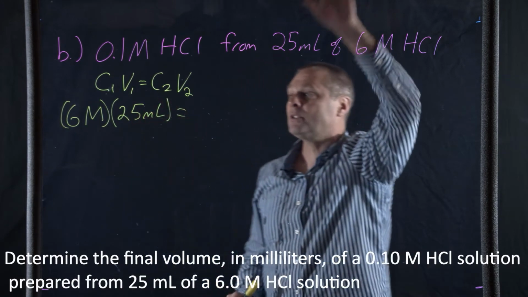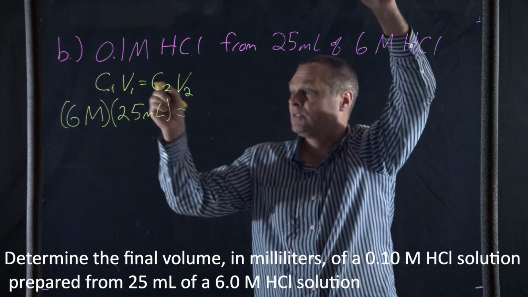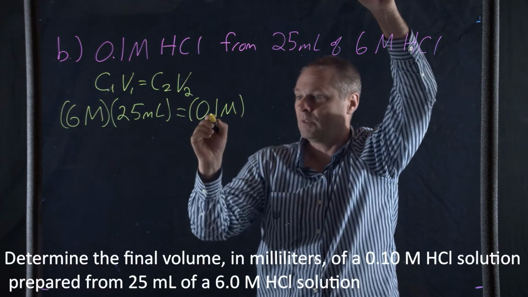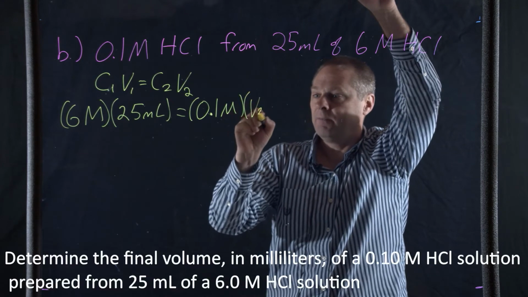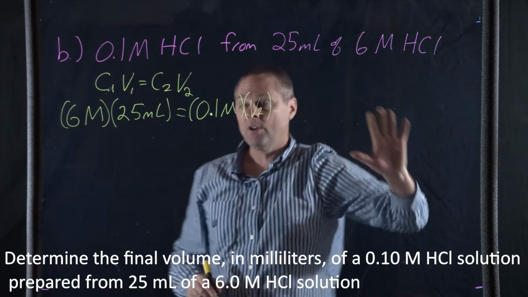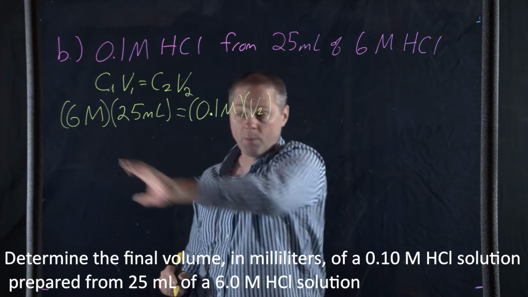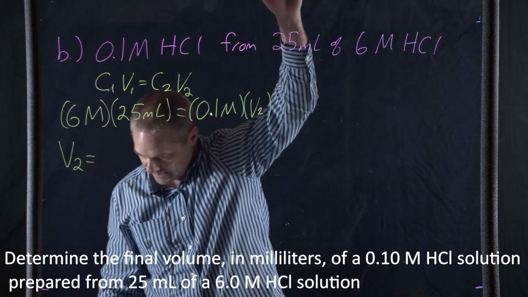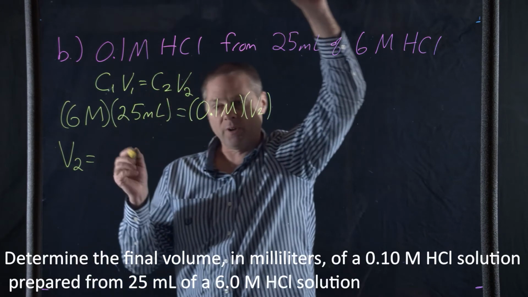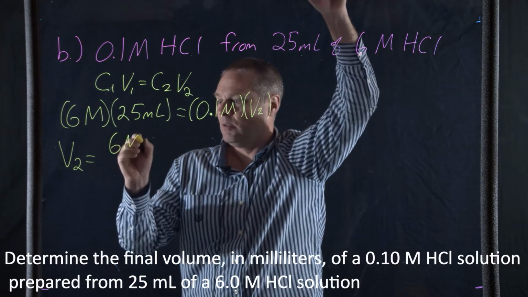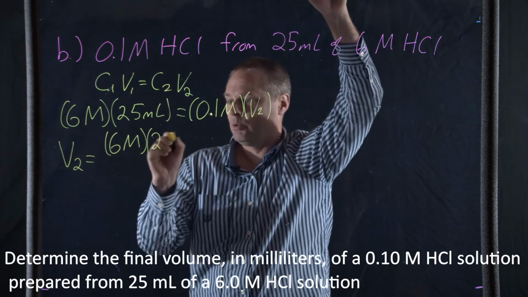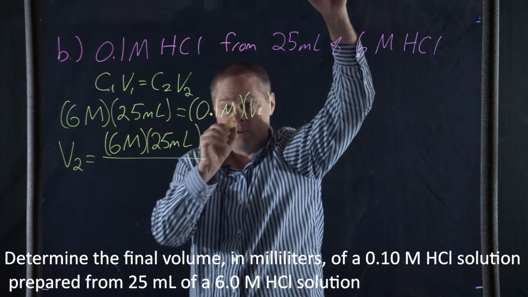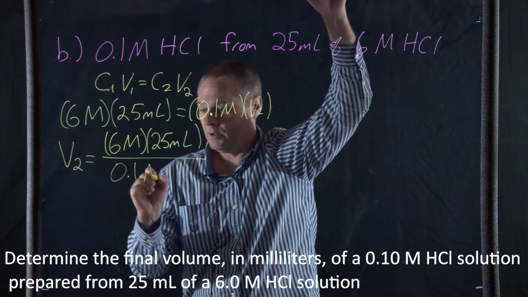And C2 is going to be our dilution, and the concentration is going to be 0.1 molar. And V2. Once again, we're going to divide by 0.1 on both sides, such that V2 is going to be equal to 6 molar times 25 milliliters divided by our 0.1 molar.